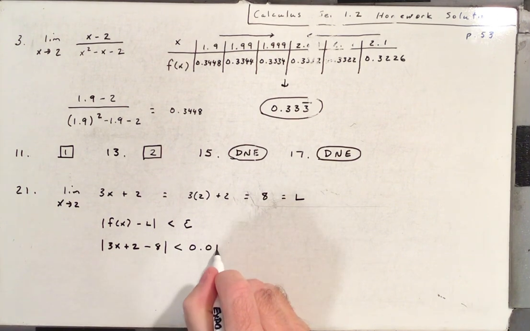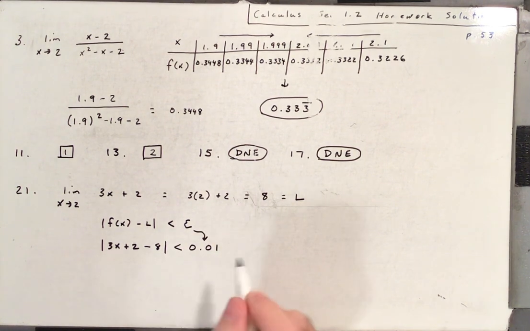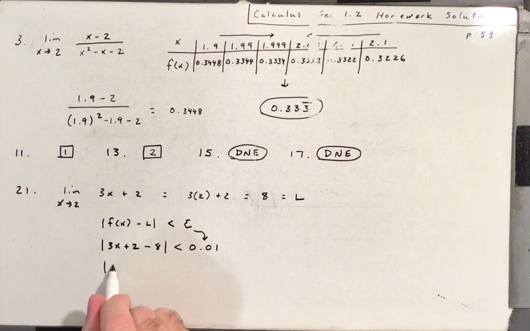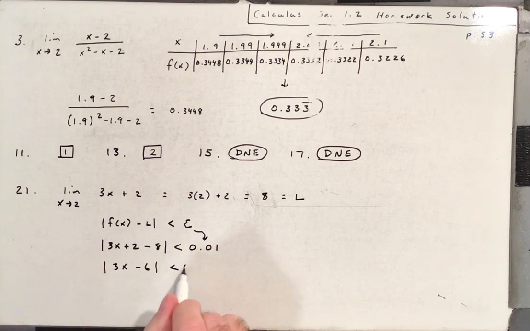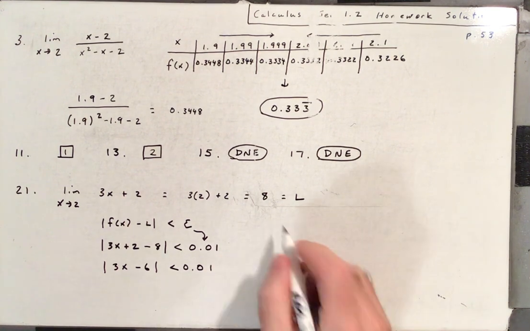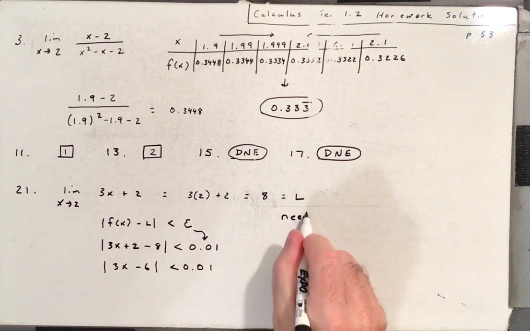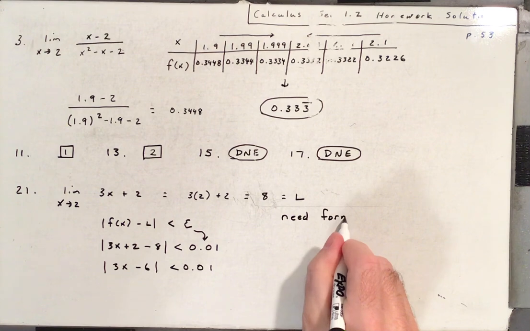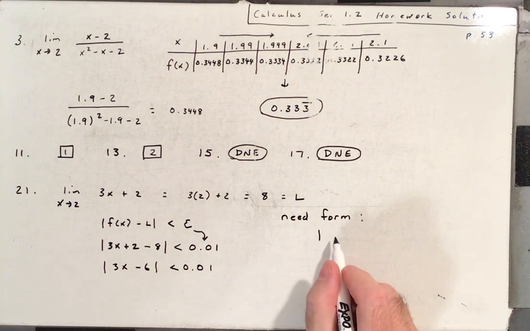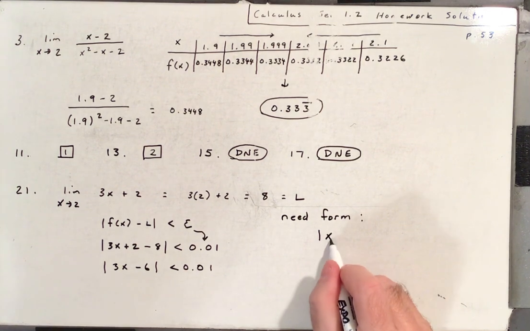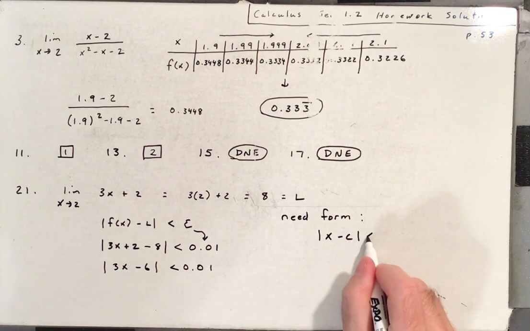That's our epsilon. That's going to be the absolute value of 3x minus 6 less than 0.01. Well, I need the form to find delta, the absolute value of x minus c less than delta.